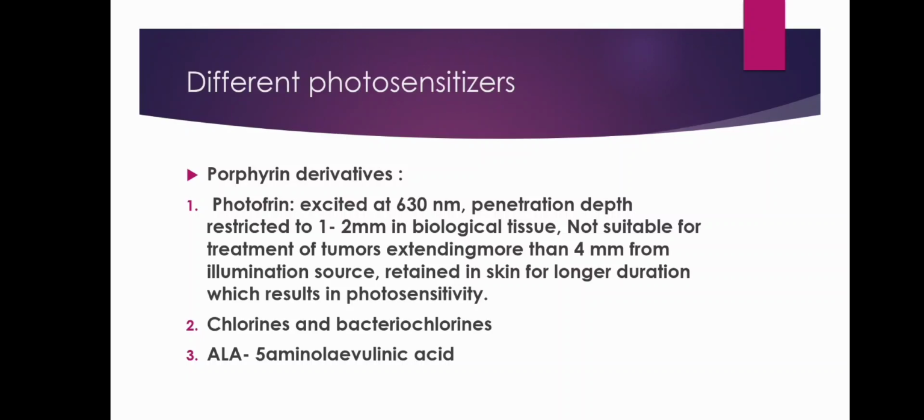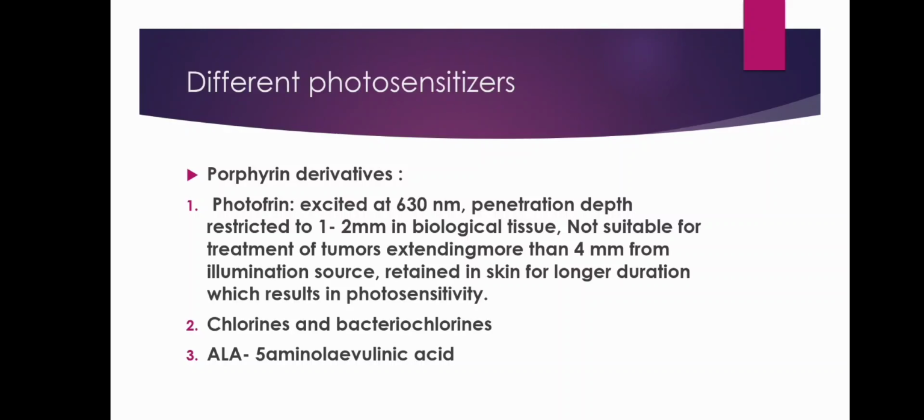Now these are some of the examples of photosensitizers used. The first kind is porphyrin derivatives. Mainly those are the derivatives of hematoporphyrins, and one such popular derivative is photofrin, which is derived from hematoporphyrins with the treatment of acids. The activating wavelength of light for photofrin is about 630 nanometer, and at this wavelength the penetration depth possible is only 1 to 2 millimeters, due to which this kind of sensitizer cannot be used for tumors which are extending for more than 4 millimeters from the source of illumination.